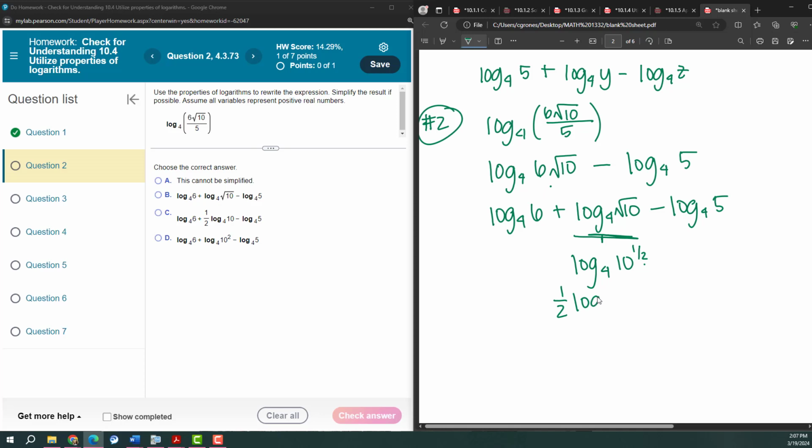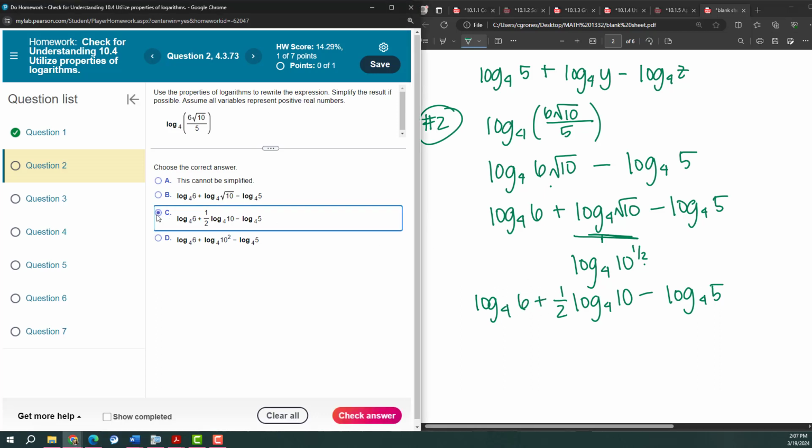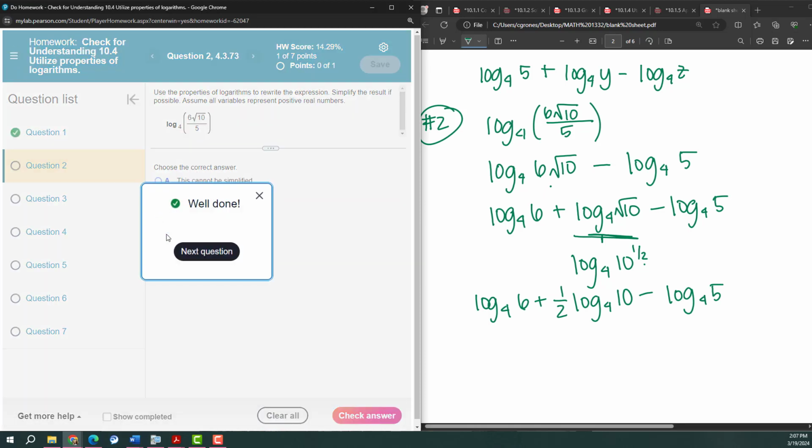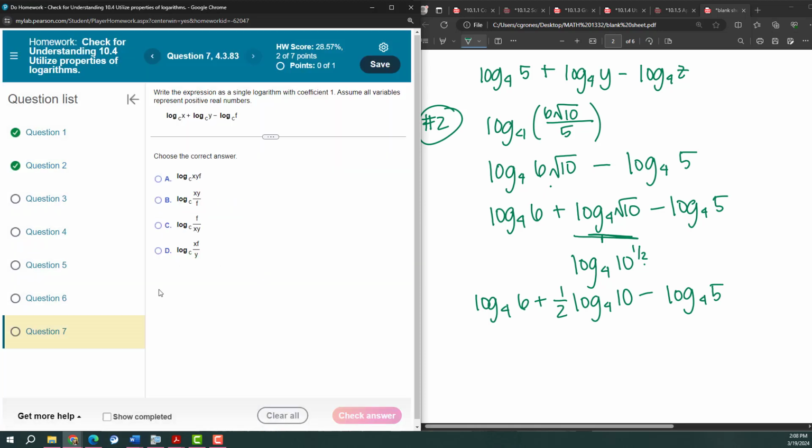So we have 1/2 log base 4 times 10, and that is what we end up with. 6 and then plus. So it looks like it's going to be option C. All right. So those are going to be the only two from this homework that is on the test.